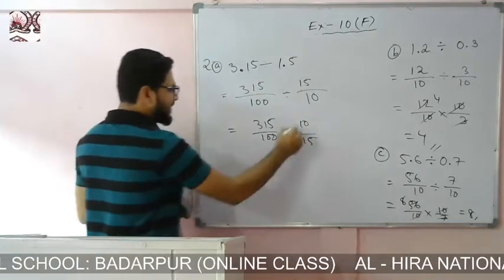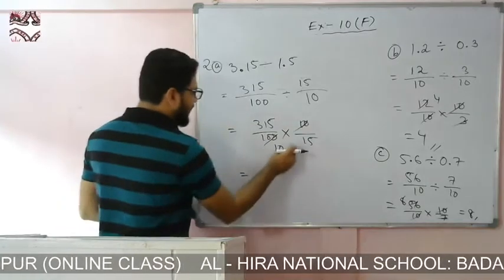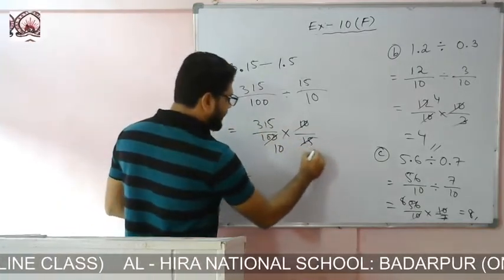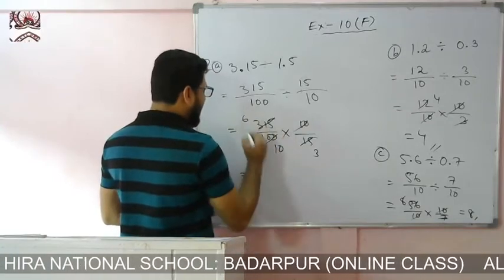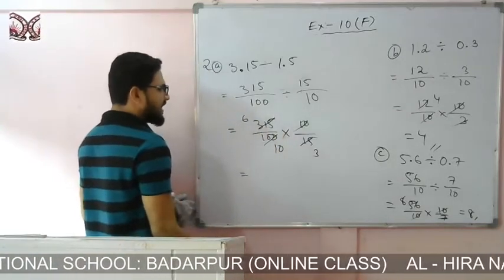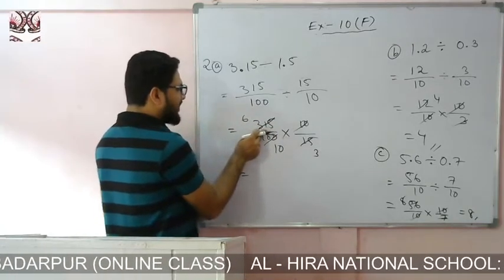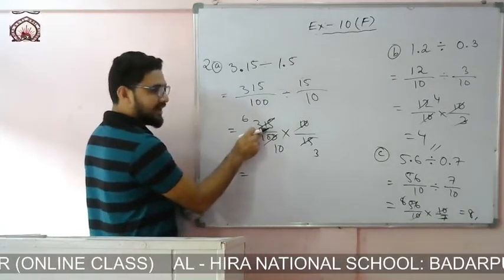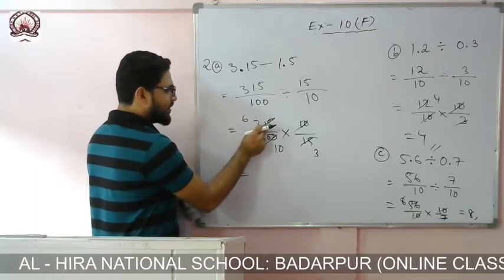Okay, now you can cancel. You can cancel with 5. 5 3s are 15. And 5 6s are 30 and 1 remains. Here you see 31. So 5 6s are 30 and here 31, so 1 remains. We'll take 1 near to the 5.